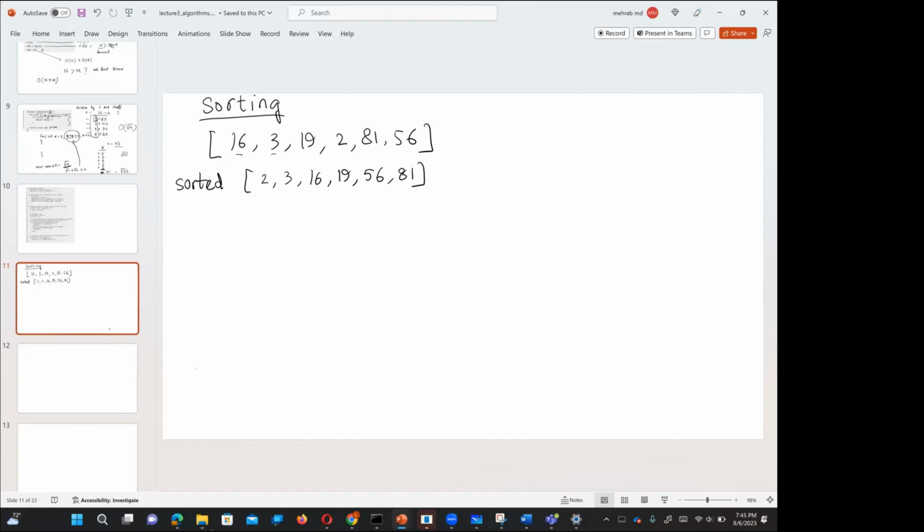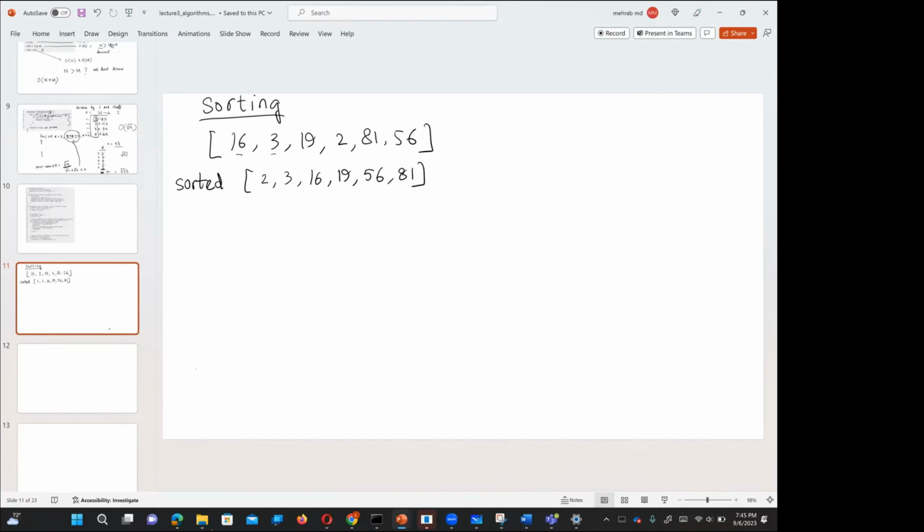okay, so just don't try to say someone doesn't know any algorithm. Someone who has no idea about algorithms, can he sort this one? What will he do? Let's try to think in a naive way. Say you ask your parent.